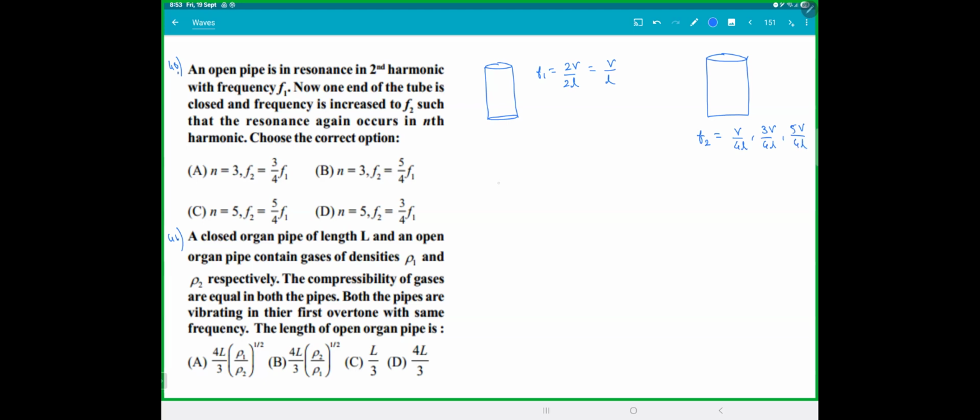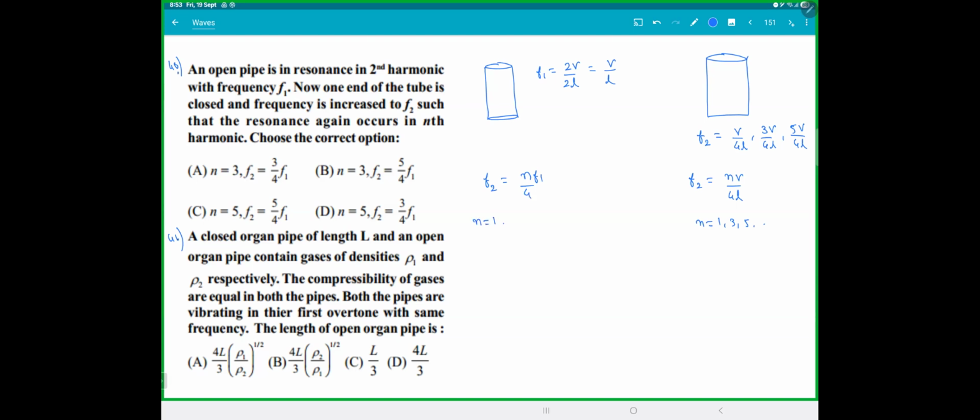So now he's asking for the relation. F2 will be V by 4L, so that can be F1 by 4. So I can write it like this: F2 will be NV by 4L, where N takes the values 1, 3, 5, and so on, and that is N times F1 by 4.